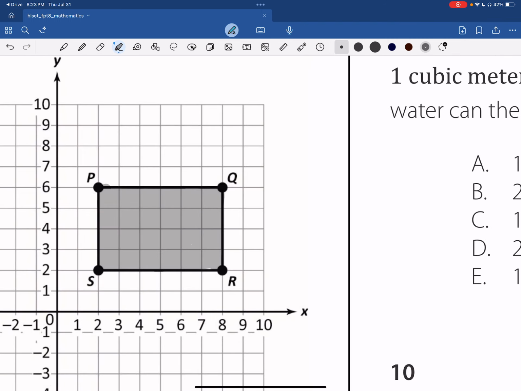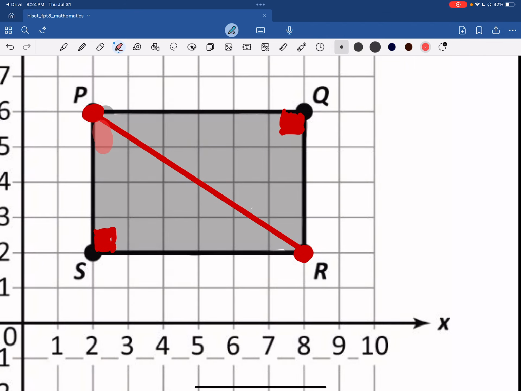I'm going to choose the bottom one, and I'm going to highlight it for you again because a picture's worth 1,000 words.